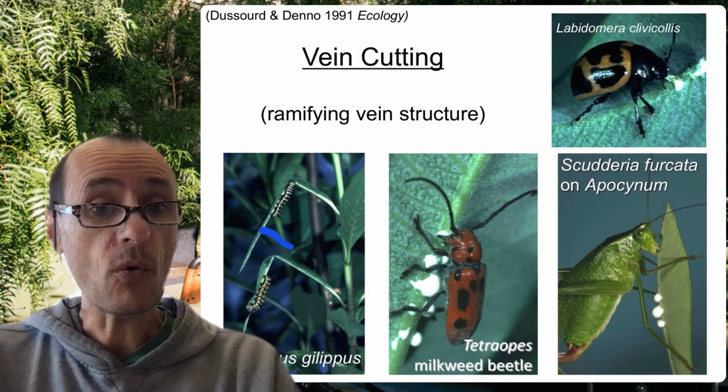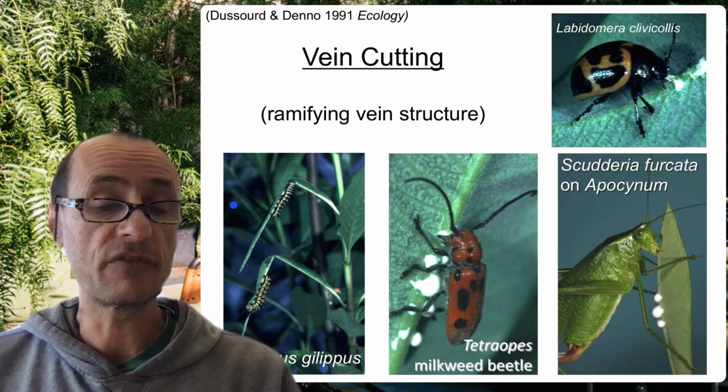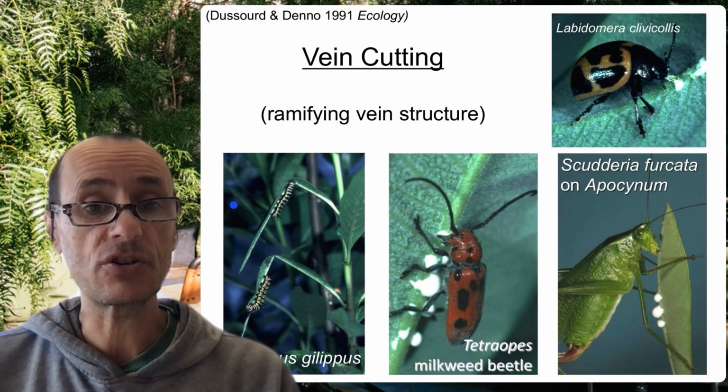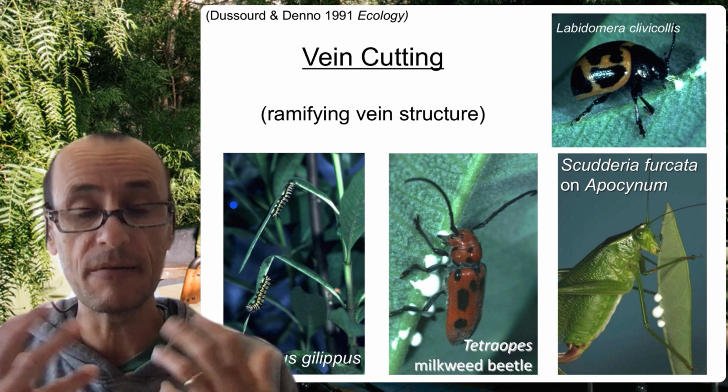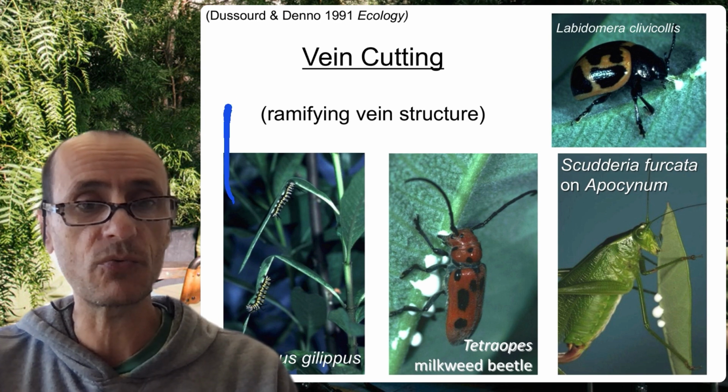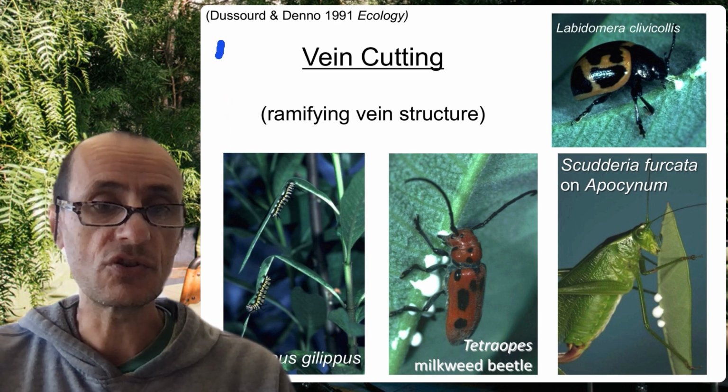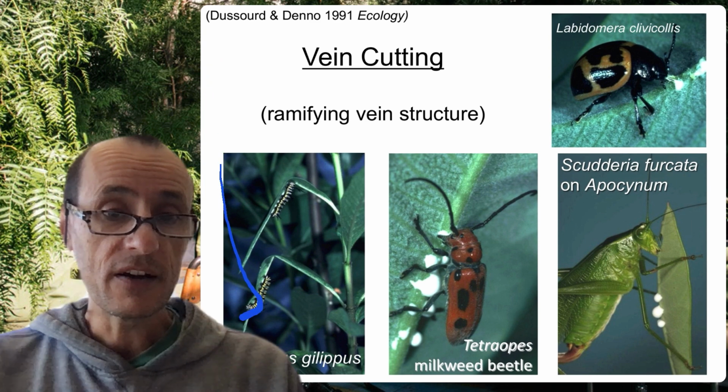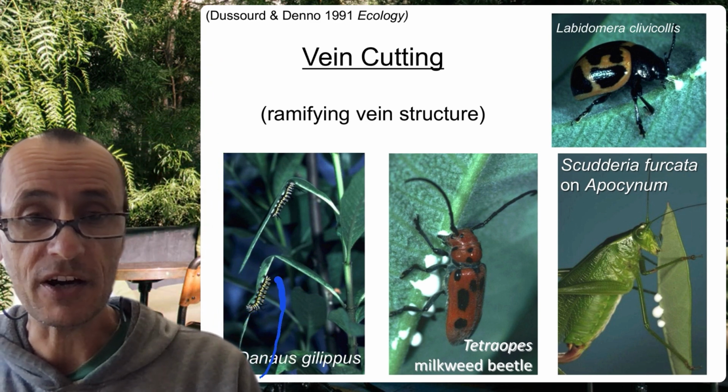And insects have different ways of dealing with these different kinds of leaf vein architectures when they have these compounds in them. This is a great review paper by David Dussourd, where here's an example of monarch caterpillars.